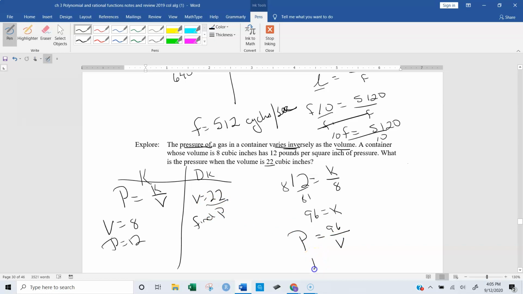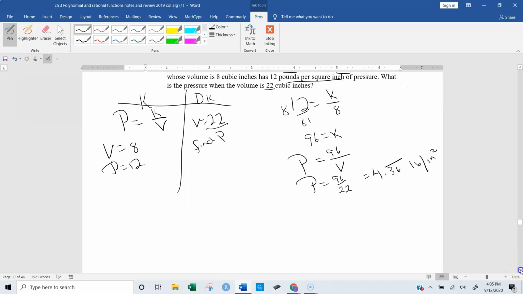So pressure equals 96 divided by 22. Type that in your calculator, you get 4.36 repeating, and that is pounds per square inch, right? Pressure, pounds per square inch.